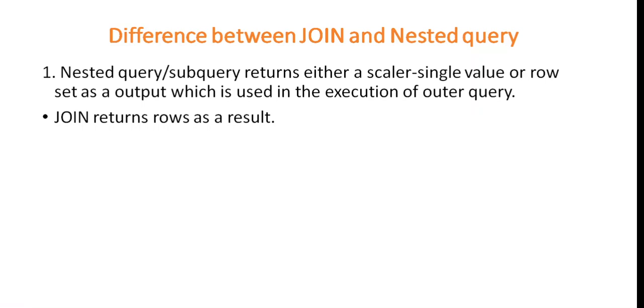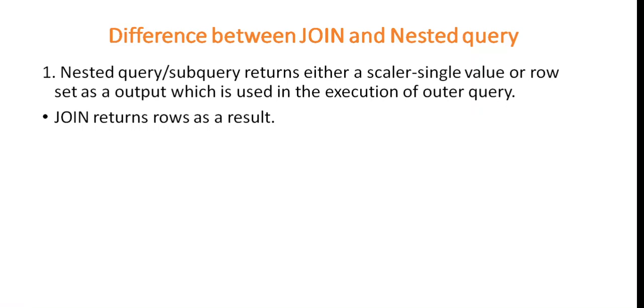But in case of join, when we execute a join operation on two or more tables, it will return rows. It will return a number of rows as output. Nested query and join are both used to fetch data from more than one table.